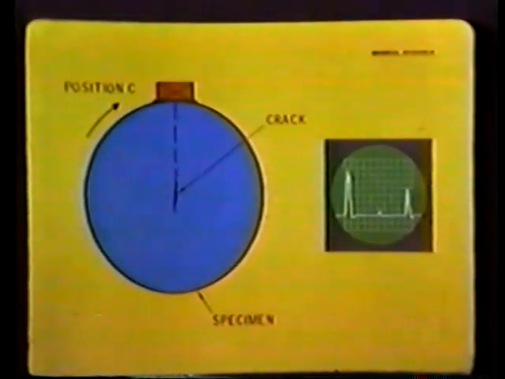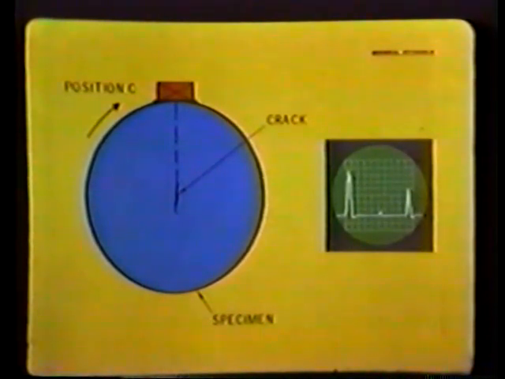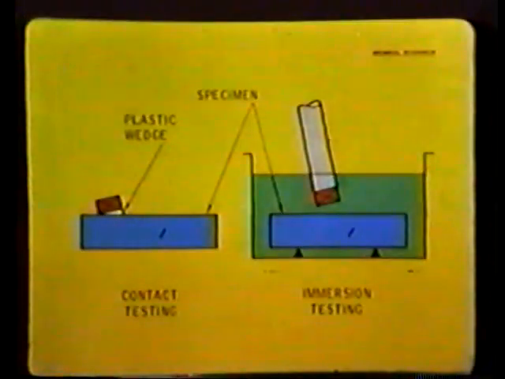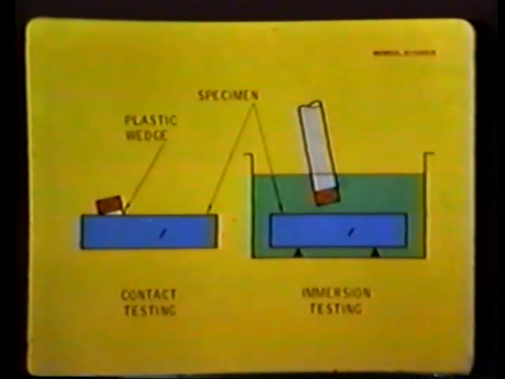At position C, the discontinuity indication will be minimal. In fact, if the discontinuity is very narrow, no indication may appear at all from the discontinuity, and the back reflection may have an amplitude like that from a sound specimen. As you'll recall, two basic techniques are used in locating and evaluating angular discontinuities.